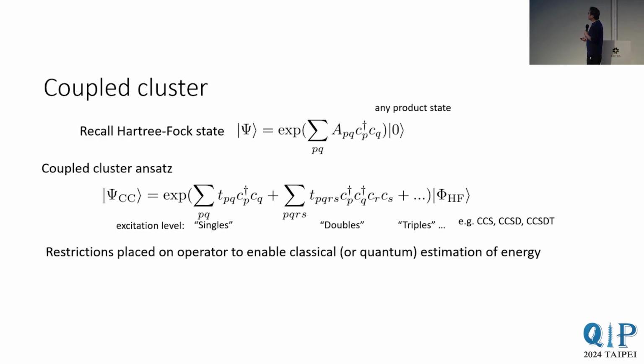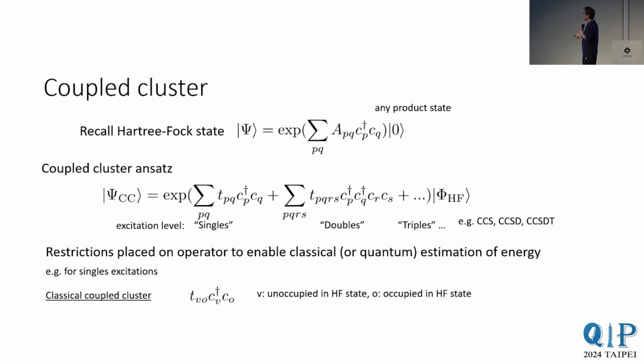For example, in the classical application of coupled cluster theory on classical computers, if you look at the singles term here, you usually restrict it to be a destruction operator that destroys only orbitals that are occupied in your initial state, and then a creation operator that only creates orbitals that are unoccupied. With some additional considerations, this allows you to evaluate the expectation value in a reasonable way.